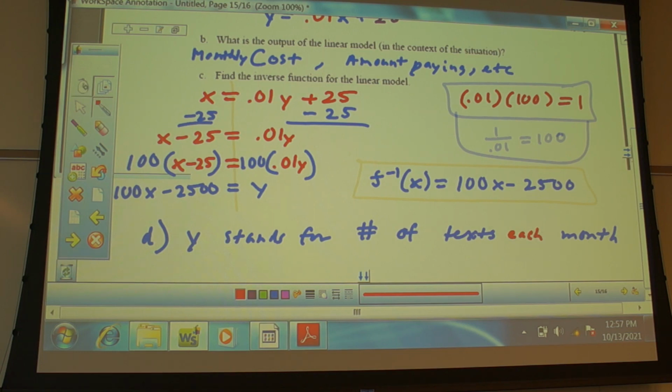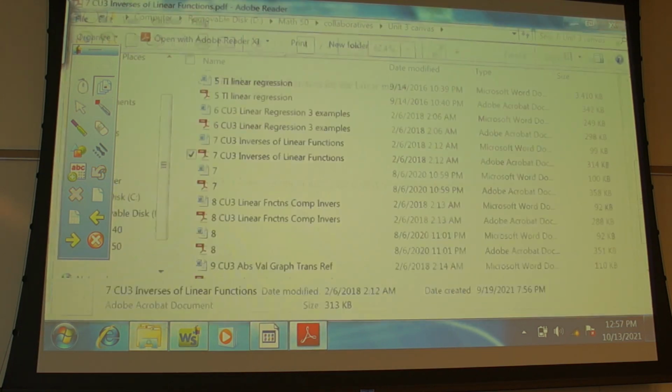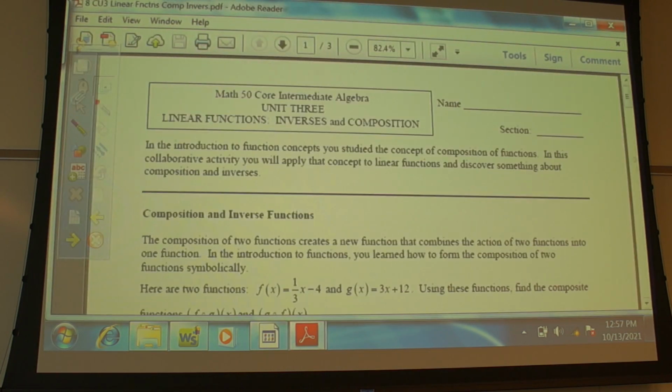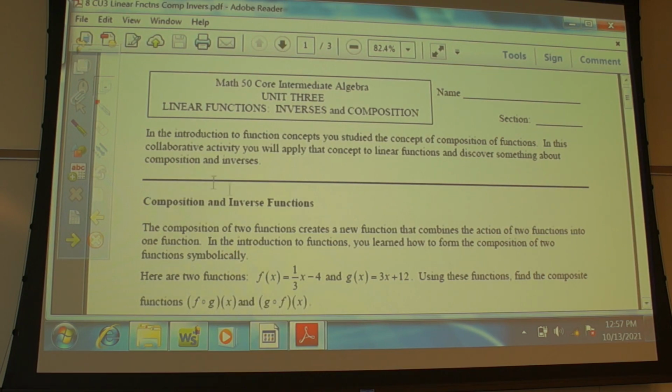Okay. Good. So let's go ahead and take a look at this one here. This is the last one we were working on last class.